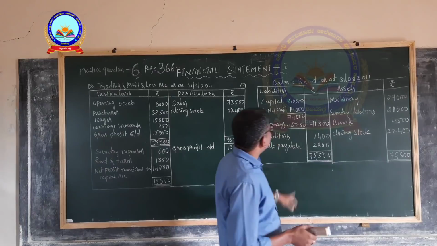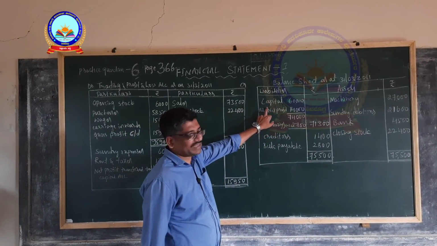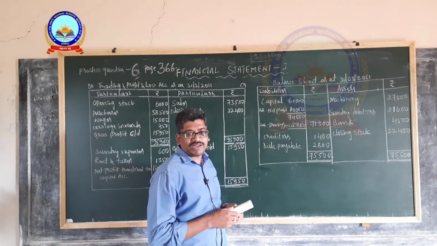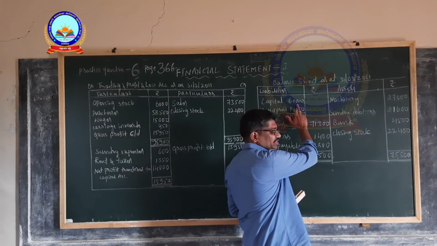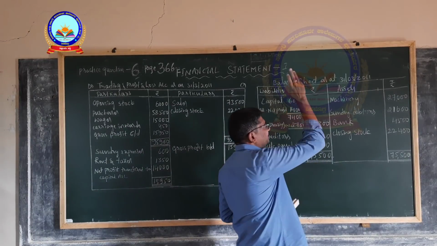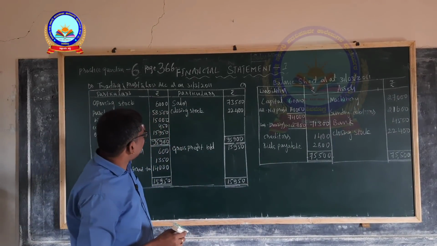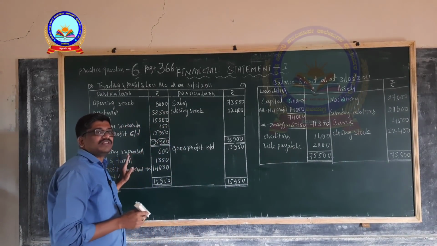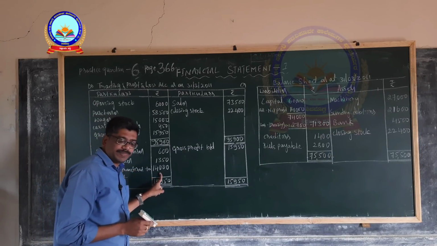Now we shall begin with the liabilities side. First we have to write capital. Go to the trial balance, where the capital amount is given. The capital amount is 60,000 rupees. Write 60,000 rupees here. Next, in the profit and loss account we have got the net profit of rupees 14,000.